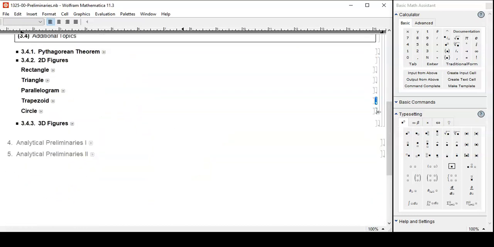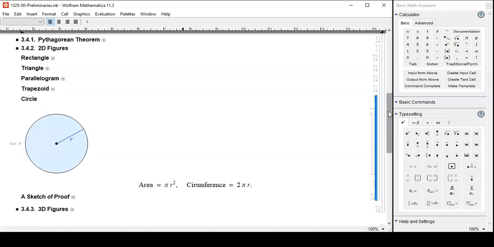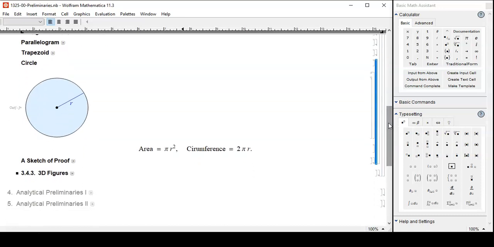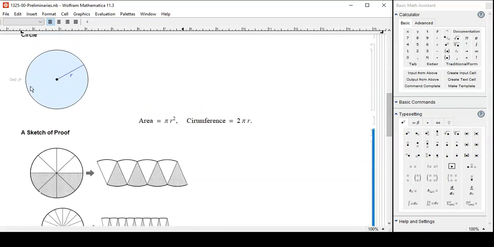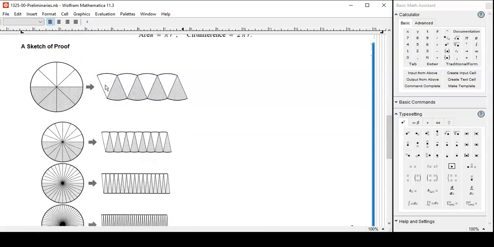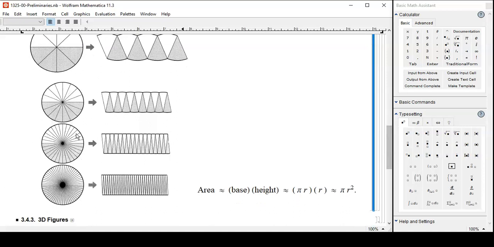That's how you get the area of the trapezoid. Finally, the circle. That's much trickier. You can cut it like a pizza pie and then rearrange like this. It looks kind of like a parallelogram, but cut further and form like this, and cut further and form like that, and cut further and form like this.